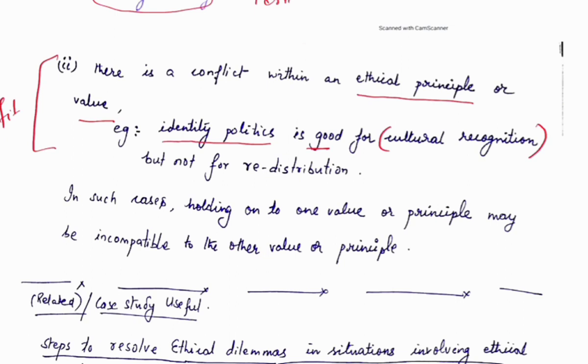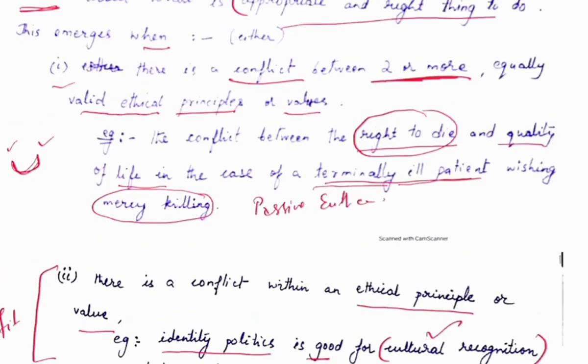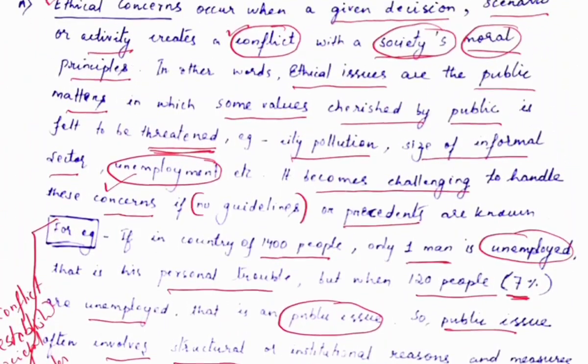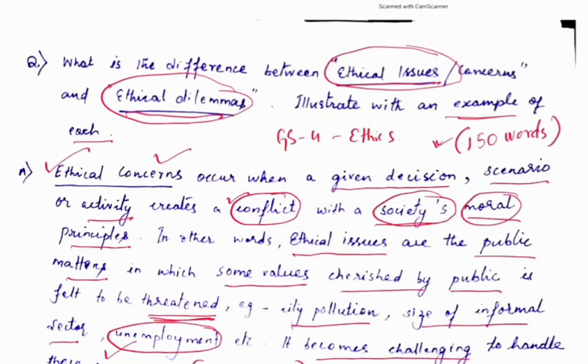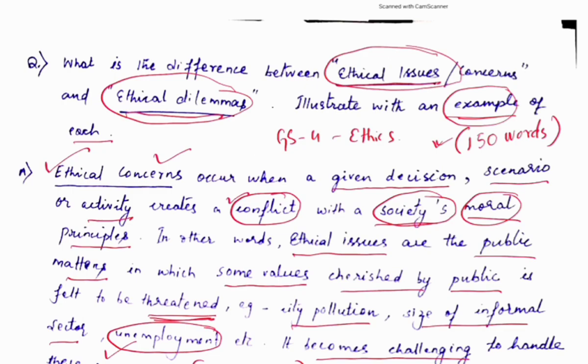On one side it is good for cultural recognition, but it is not good for redistribution because most people use it. So in such cases, holding on to one value or principle may be incompatible with the other value or principle. So this is an example of an ethical dilemma. This is how we have to write an answer, giving the definitions, and because the question has asked about examples, we have to give examples.